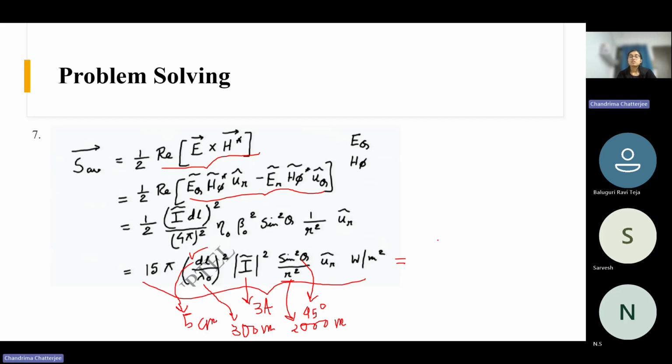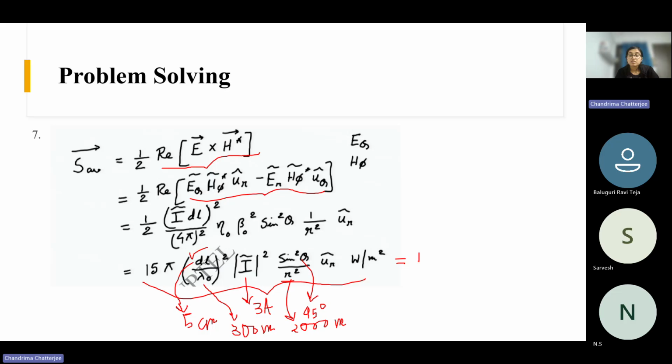So let's calculate: 15 pi, 0.05, 9, 45 square, 100 square, 2000 square.